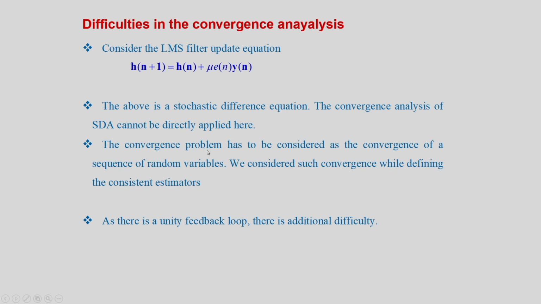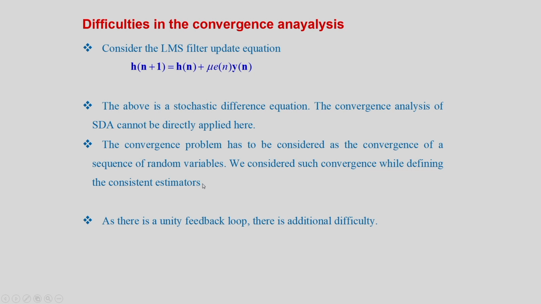The convergence problem has to be considered as the convergence of a sequence of random variables. This H(n) sequence is a sequence of random variables. We consider such convergence while defining the consistent estimators. There are different modes of convergence for the sequence of random variables.